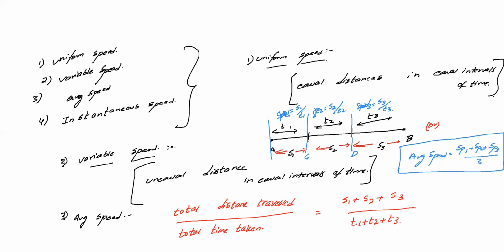So let's see one more, that is your instantaneous speed. In instantaneous speed, we'll take a small example here. Assume there is an object. I don't know where it was coming from and where it was moving to, from an infinite location to an infinite location.